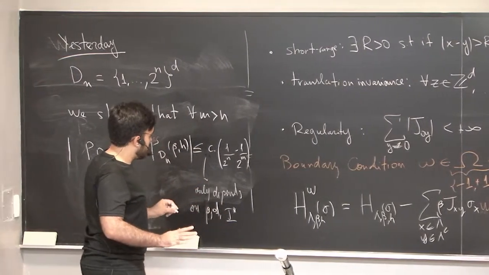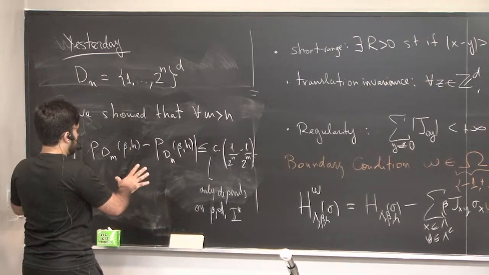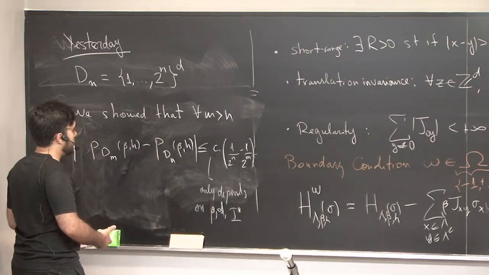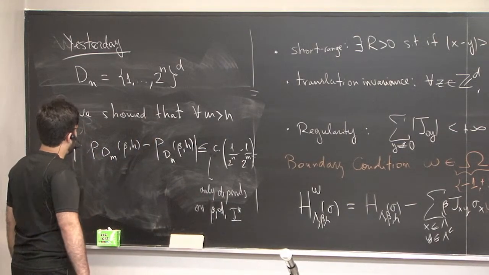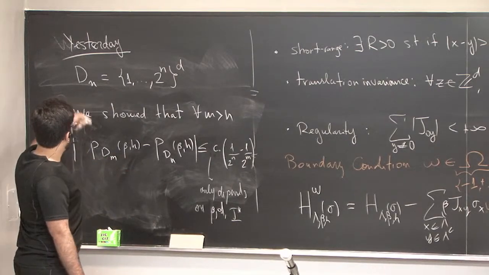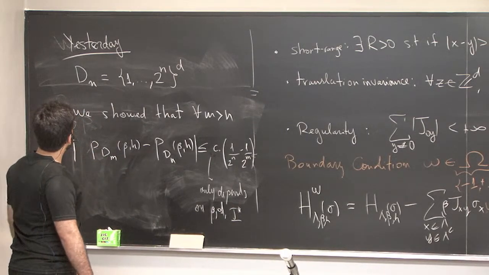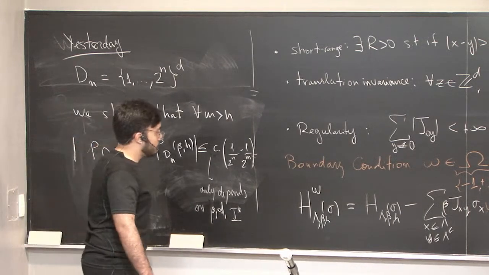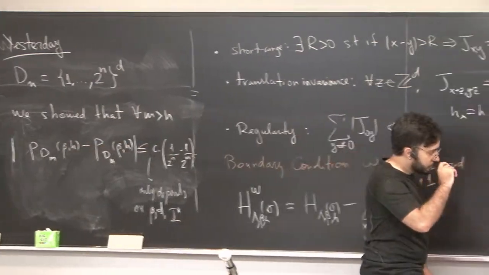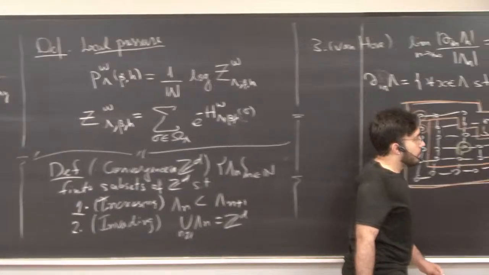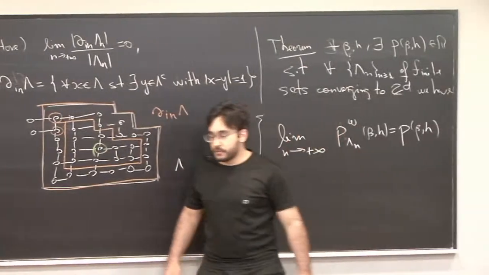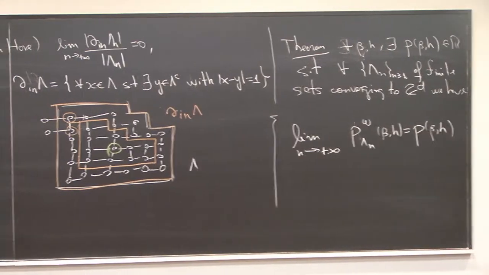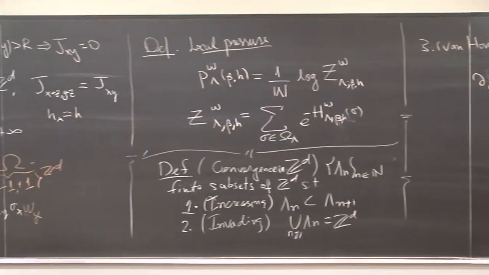The important part of this result is that this constant doesn't depend on n, so we can take the limit. This actually proves that the sequence given by the local pressure for these boxes is a Cauchy sequence, so it must converge to some number, okay, that we call p(beta, h). So now we must show that for all increasing sequences, we have the convergence.